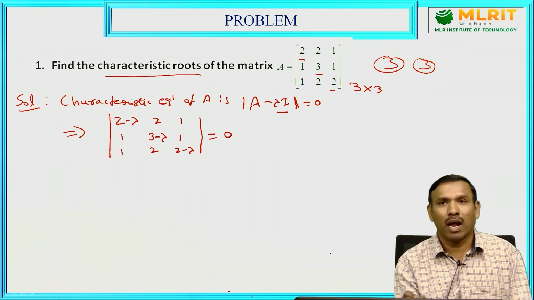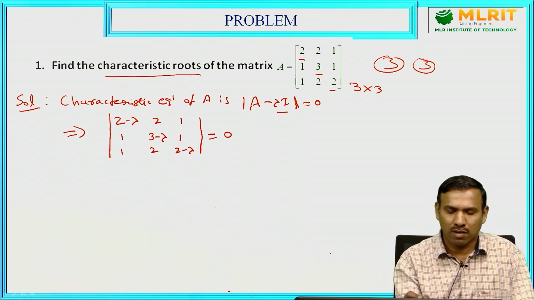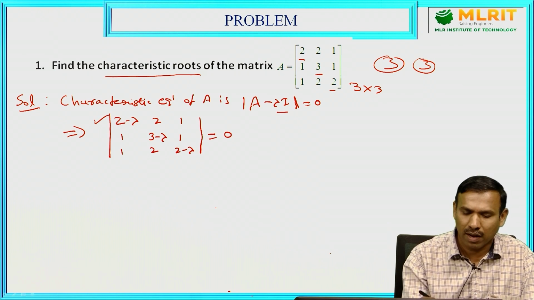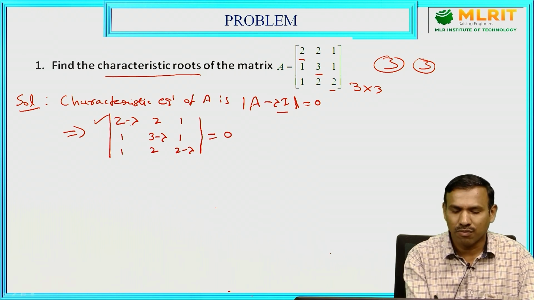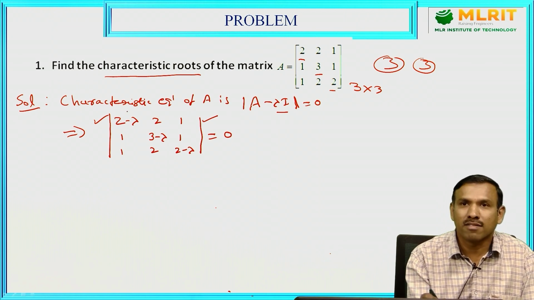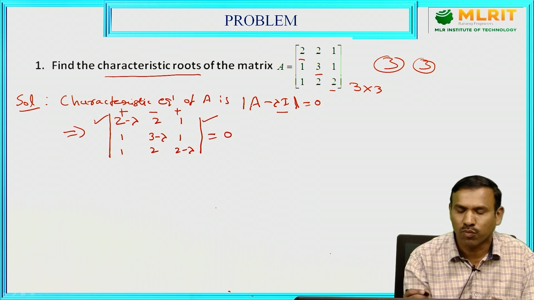Or we have one alternate method to this. First we discuss how to expand in the routine process, the determinant expansion. We can expand along any one row or any one column. Generally we expand along the first row. The cofactor signs are plus, minus, plus, we know, right?